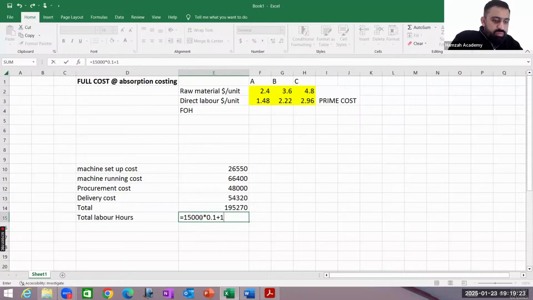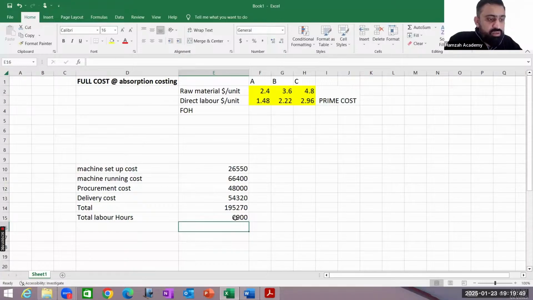The product B will be 12,000 units, and each unit will require 0.15, and then the product C is 18,000 units into 0.2 hours. So total labor hours are 6,900 and total overheads are $195,270.